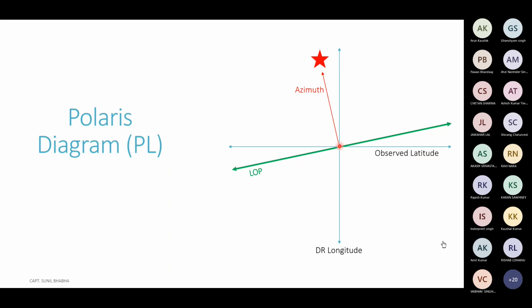Now you can clearly see if the azimuth of the pole star is exactly 0.0, azimuth is exactly north, in that case the PL will be running in the east-west direction and the PL will then also be our fixed latitude. So this is the plot of the Polaris position line.